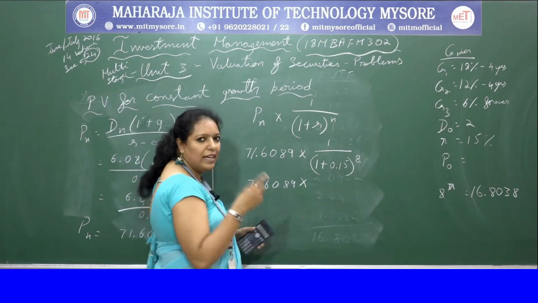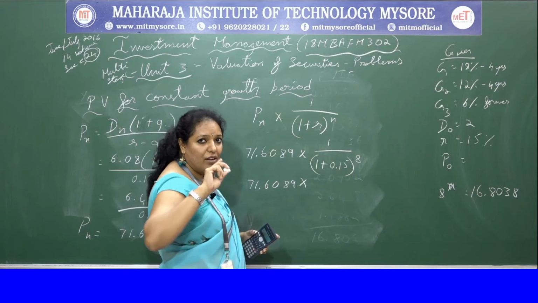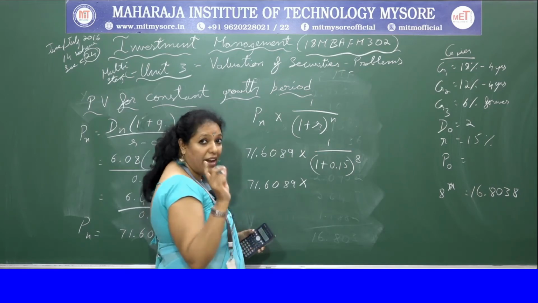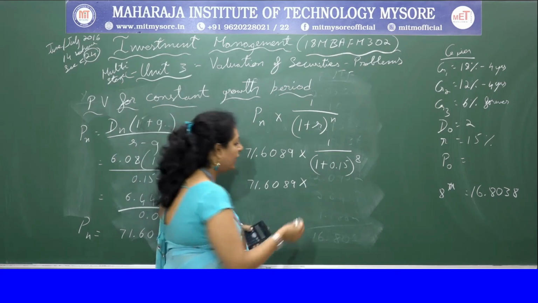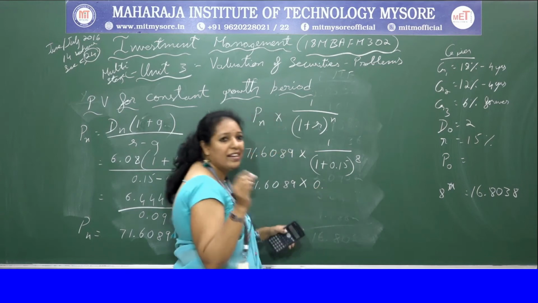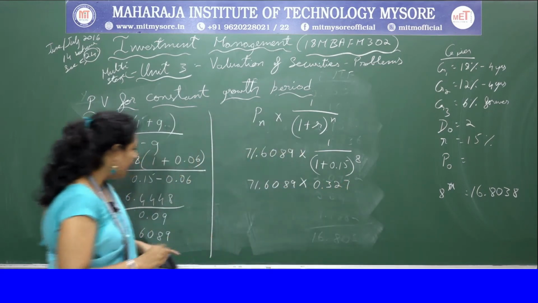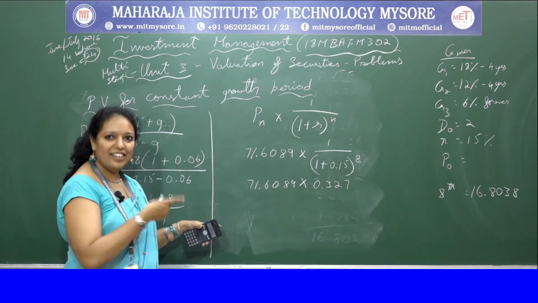Either use that, or as I said, the substitute, the present value interest factor of r and n for 8 years at 15%. Either of these is fine. That is 0.327.